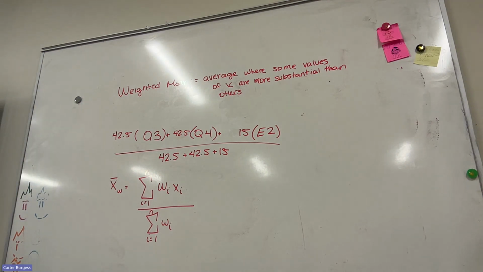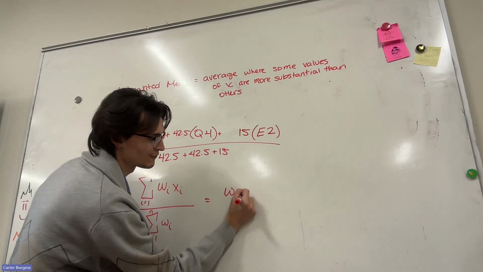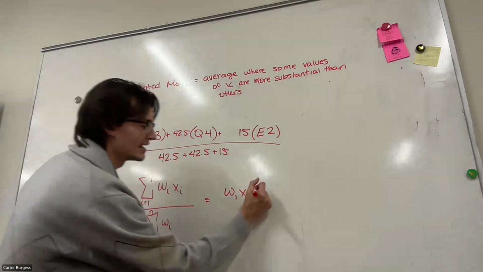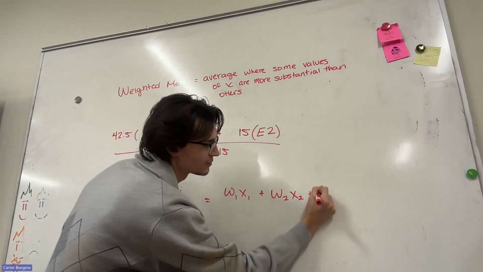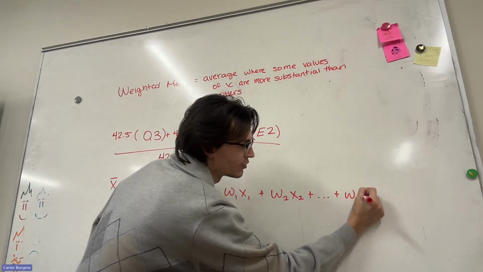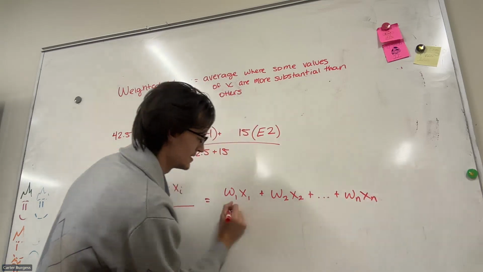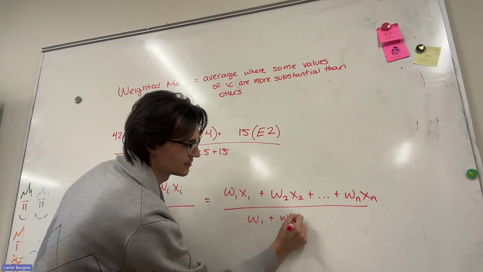Again, easy to get lost in the notation. All this is saying to do is we take the weight that goes with the first variable times the first variable, adding it to the weight that goes with the second variable times the second variable, plus all the way until we see that final weight attached to that final variable, divided by all of our weights being added together.